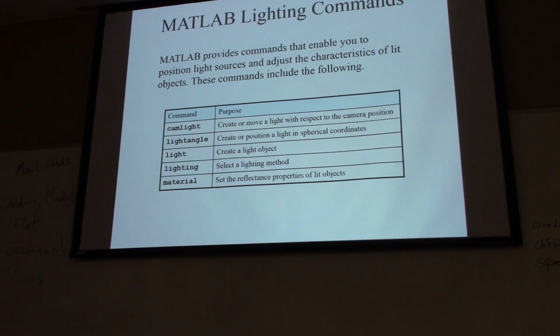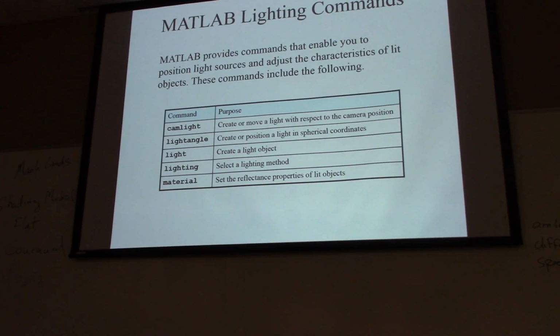All right, so some of this is review. There's a function called camlight that determines a light source relative to the camera. One popular one is the camera headlight, and that says that right where the camera is, there's a light shining.